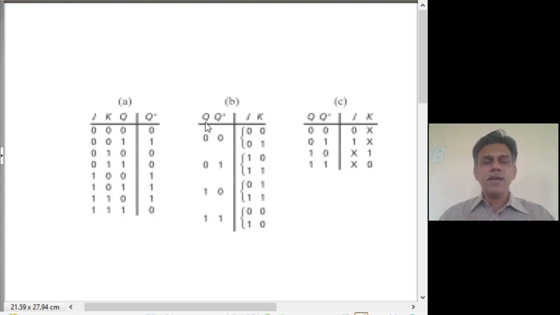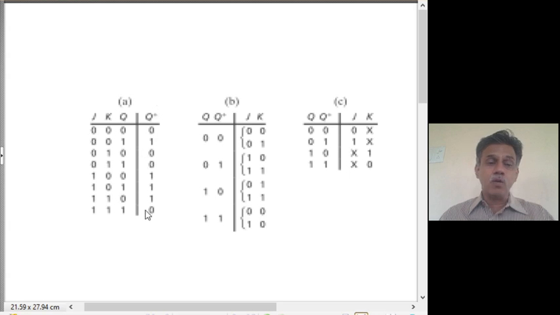For the present value of Q and Q plus, there are 2 bits, so there are 4 possible combinations. If the present bit is 0, for it to remain 0, what should be the J and K? Similarly, 0 1, 1 0, and 1 1 are the 4 input combinations for which we look for the excitation.